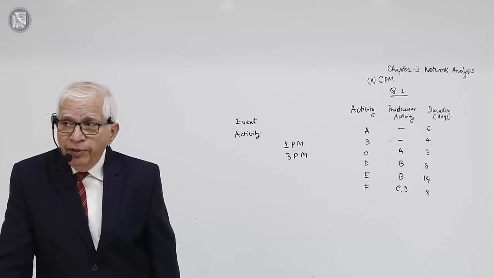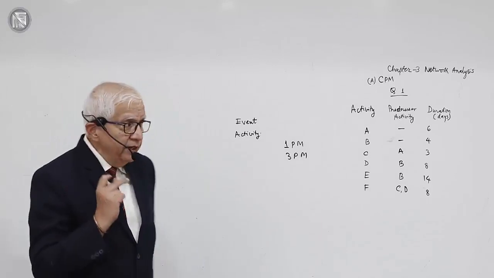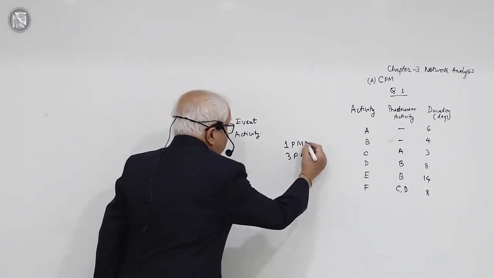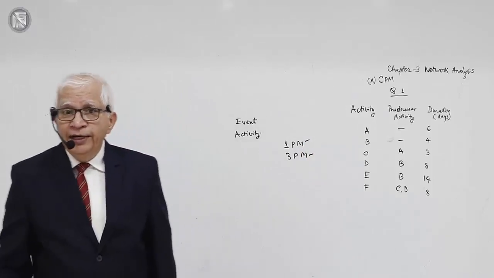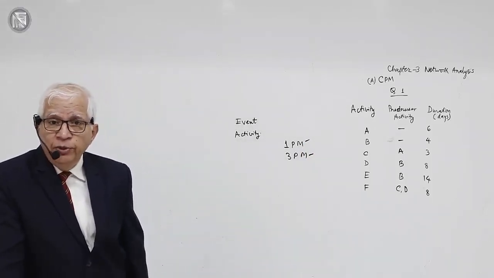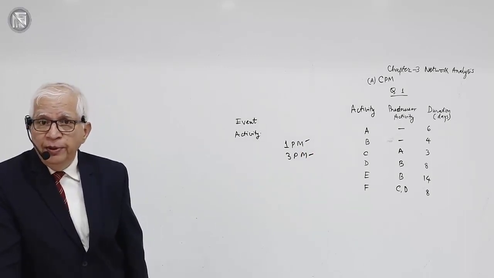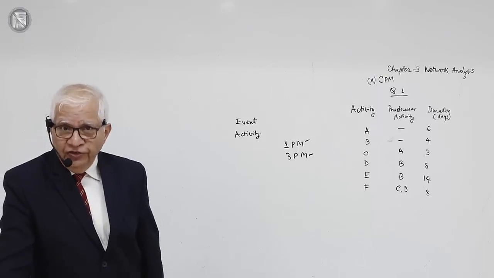So what happens between two events is an activity. For example, when I said the lecture starts at 1 p.m. and ends at 3 p.m., 1 p.m. is a point in time, 3 p.m. is a point in time. What happens between 1 p.m. and 3 p.m. is an activity which we can call a video lecture.